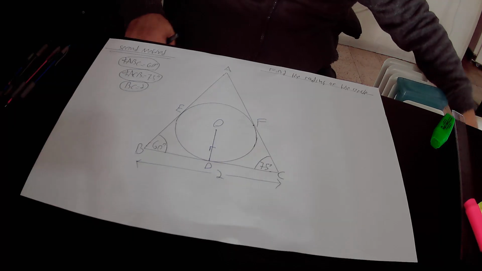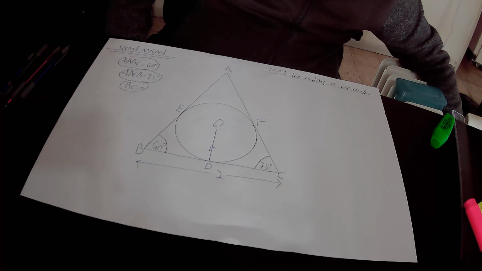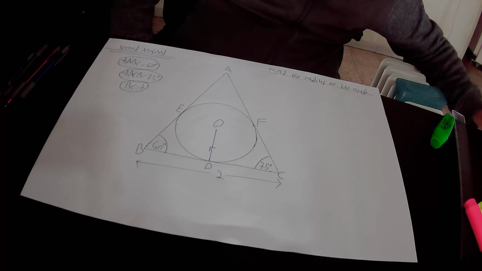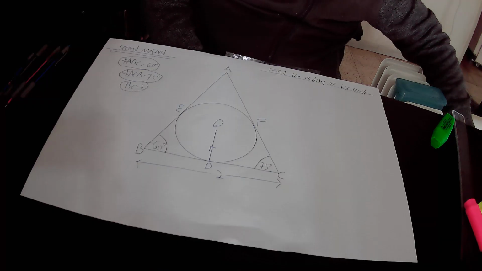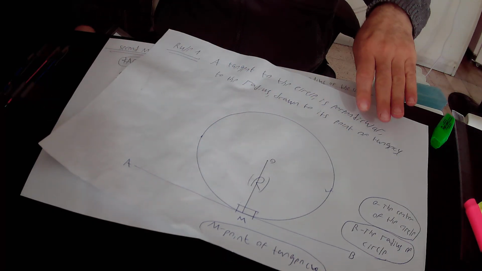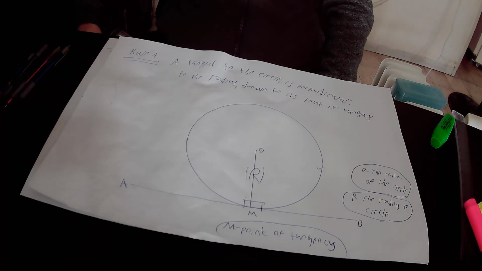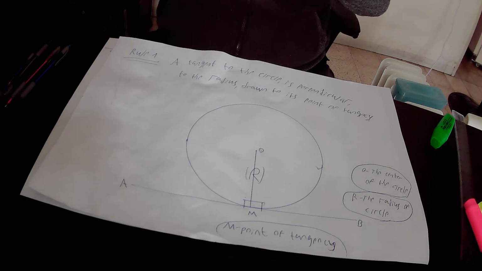We can implement here rule number 1. According to rule number 1, the tangent to the circle is perpendicular to the radius drawn to its point of tangency.